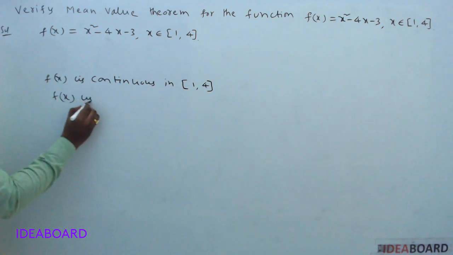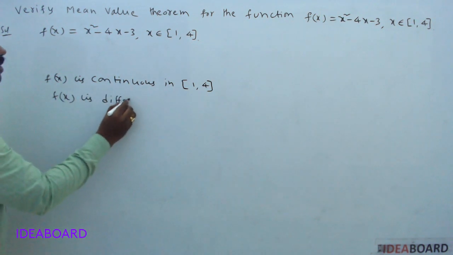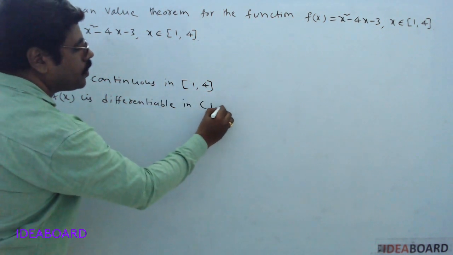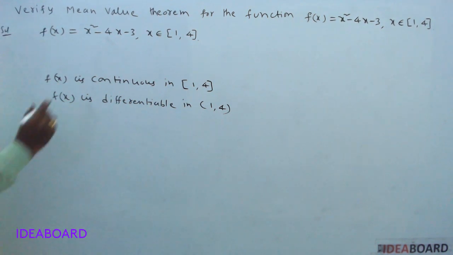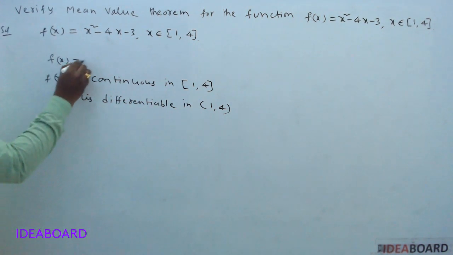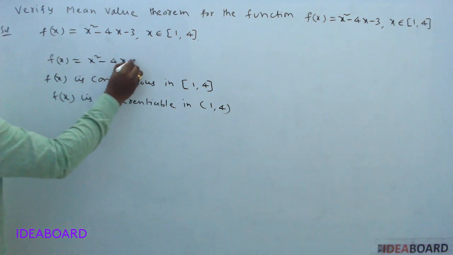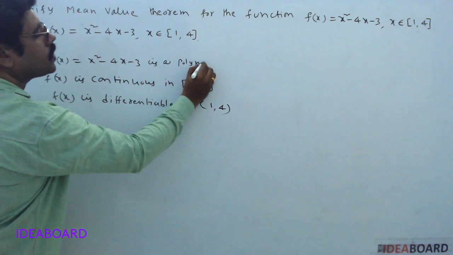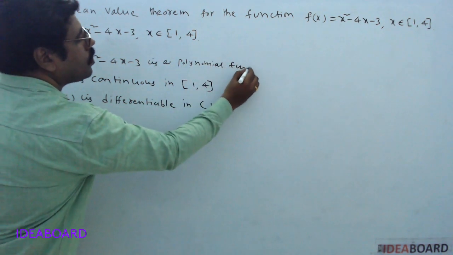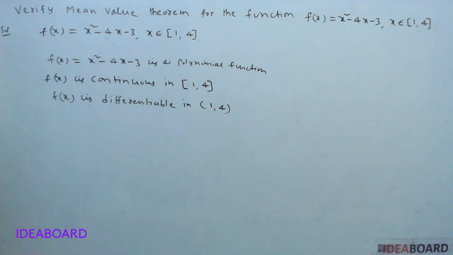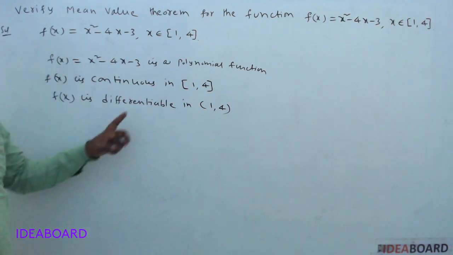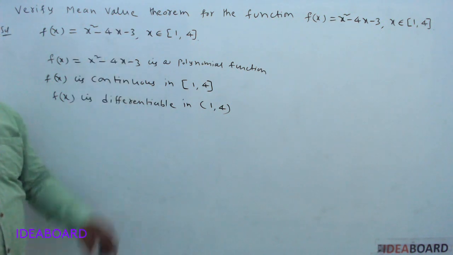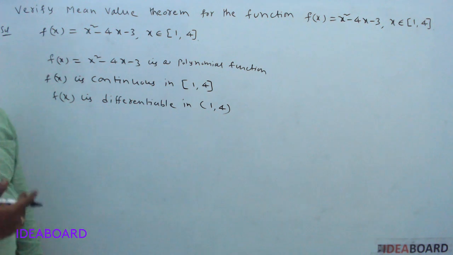Next, f of x is differentiable in the open interval 1 comma 4, due to the reason that f of x equals x square minus 4x minus 3 is a polynomial function. Now clearly, this f of x satisfies these two conditions. So we say that the mean value theorem is applicable to the given function.